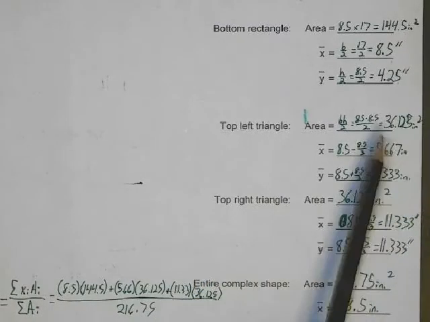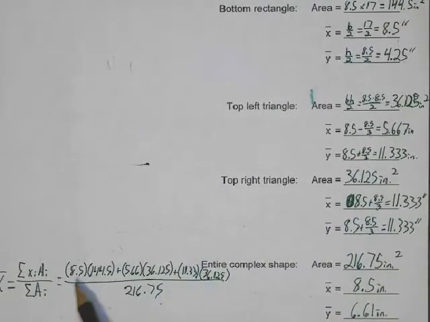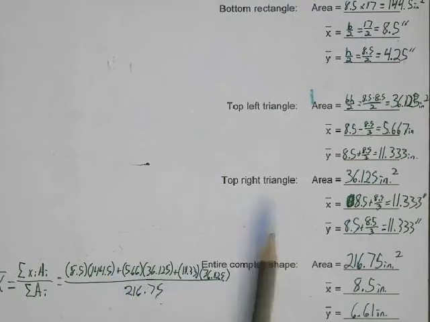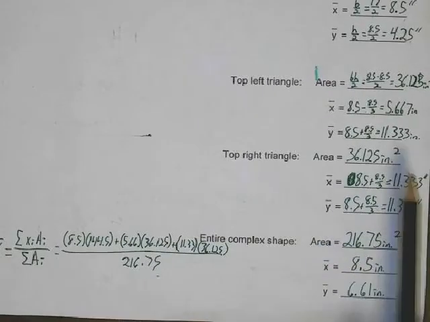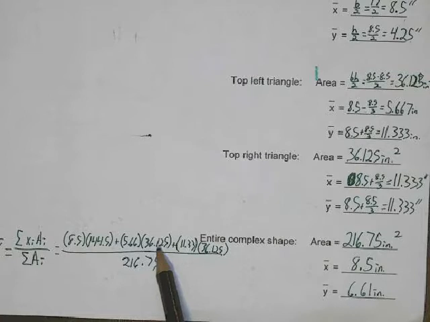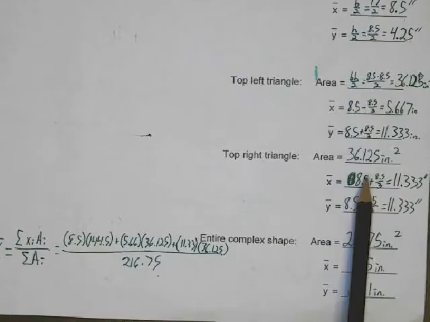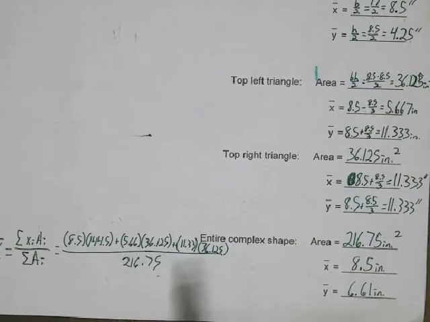The area is 144.5 and the x centroid is 8.5, so I did 8.5 times 144.5, x bar times area, plus my 5.667 times 36.125, plus 11.33 times 36.125. Again, I just went x bar times area, x bar times area, x bar times area, and then I took all of that divided by my area plus my area plus my area.